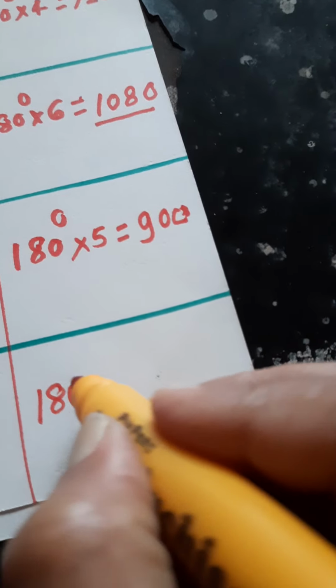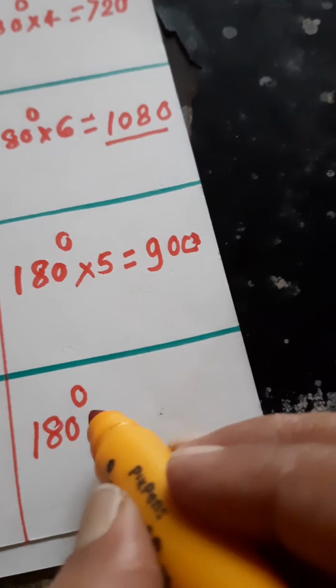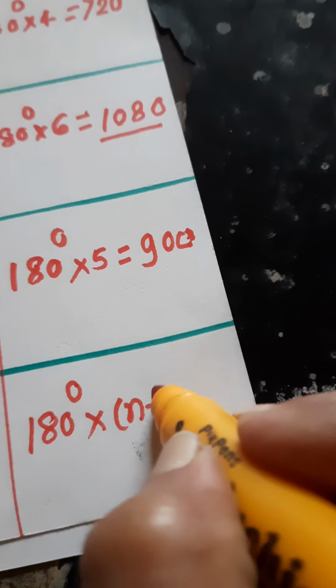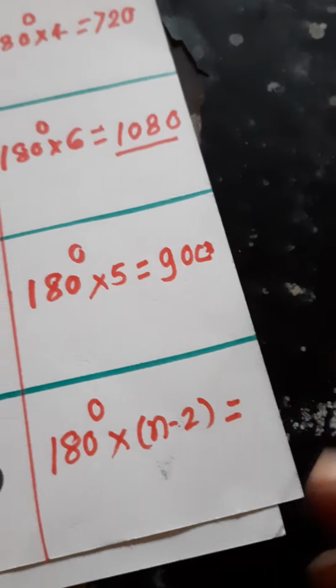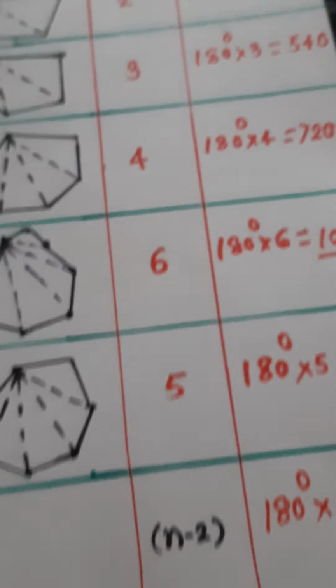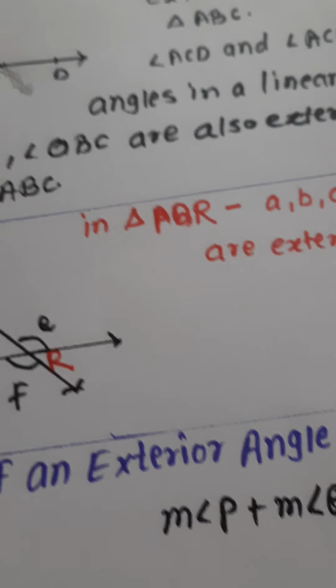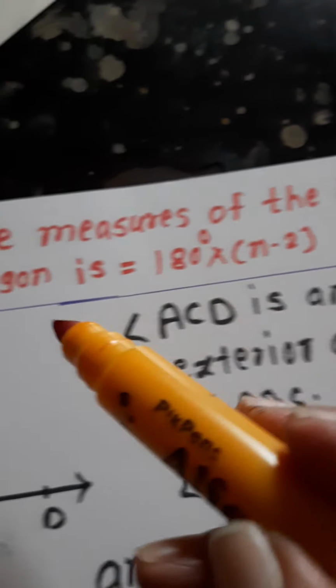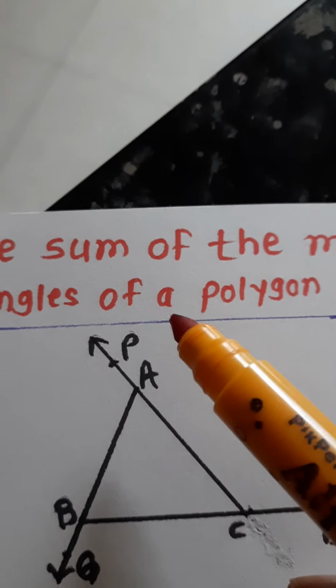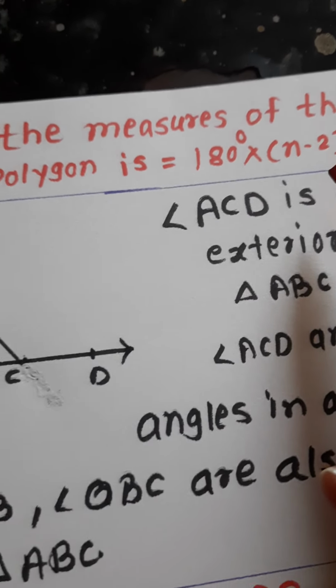That means sum of interior angles is equal to 180 into n minus 2. The sum of the measures of the interior angles of a polygon is 180 degree into n minus 2.